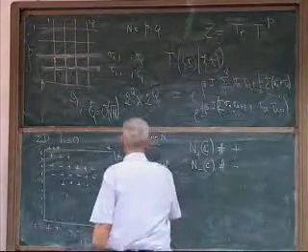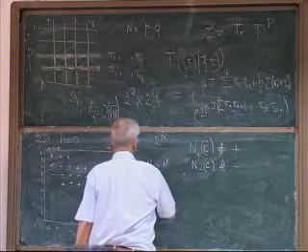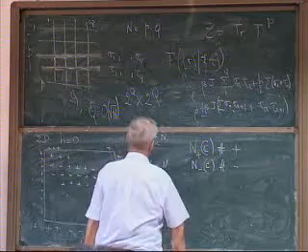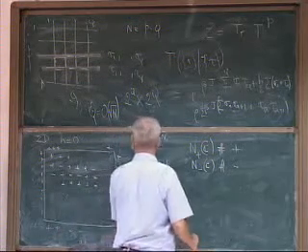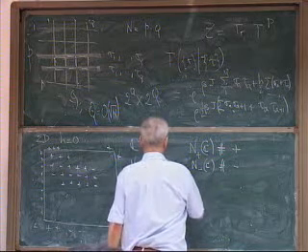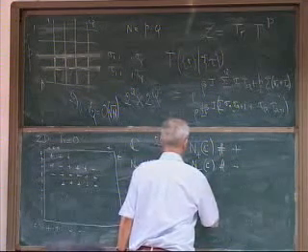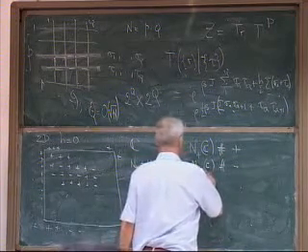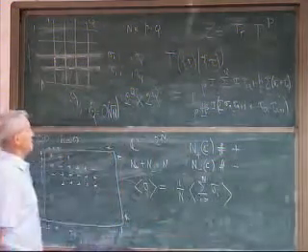If I want to calculate the mean value of sigma, it's of course 1 over n, because of translation invariance.